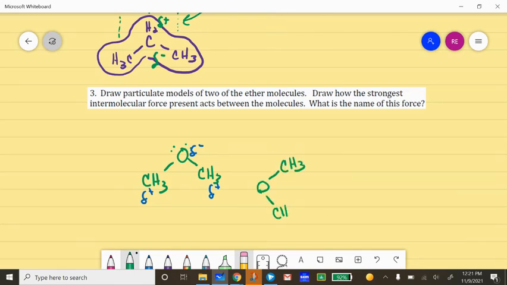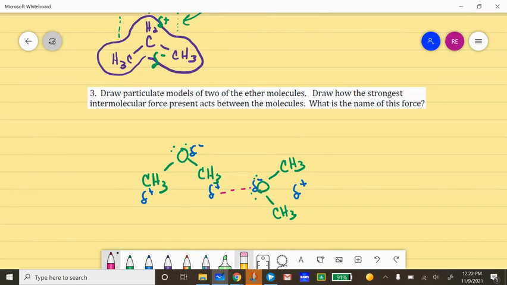CH3, CH3, my lone pair. And so again, marking my partial negative end and my partial positive end there, I would see dipole-dipole attractive forces between the partial positive end of one of the ether molecules and the partial negative end of the other ether molecule.